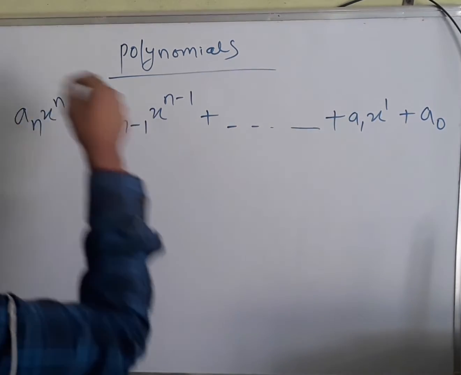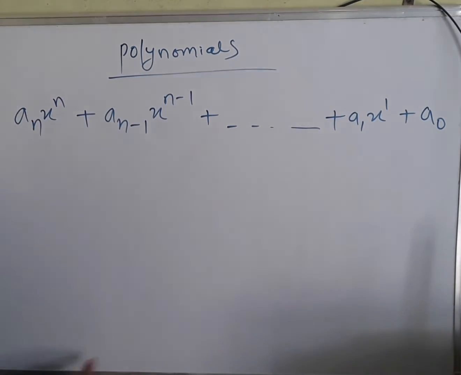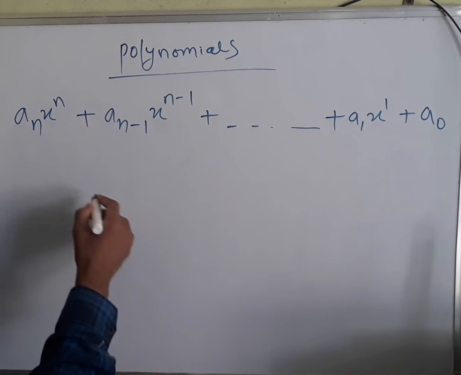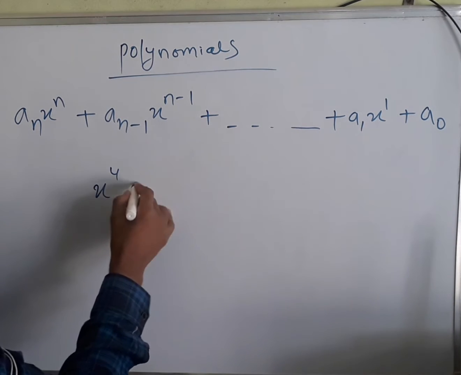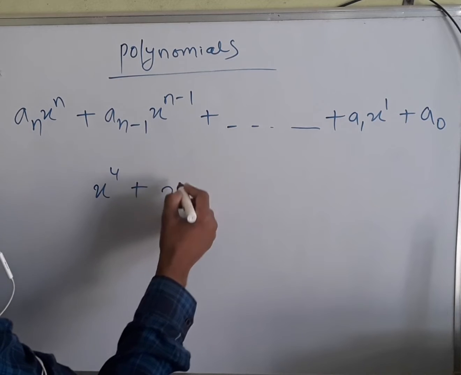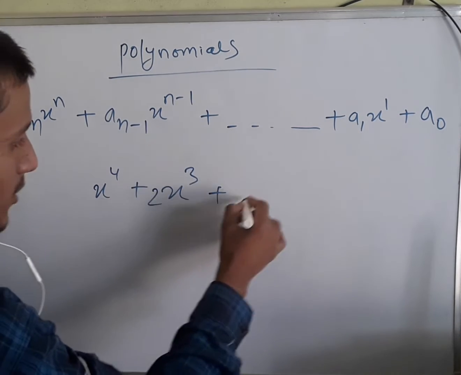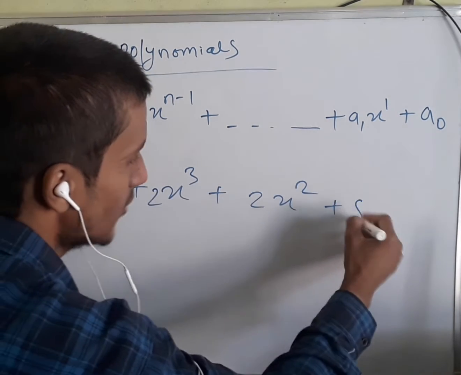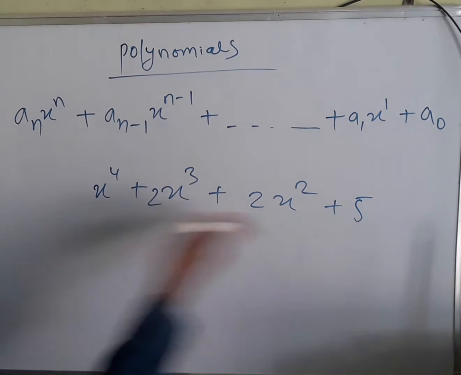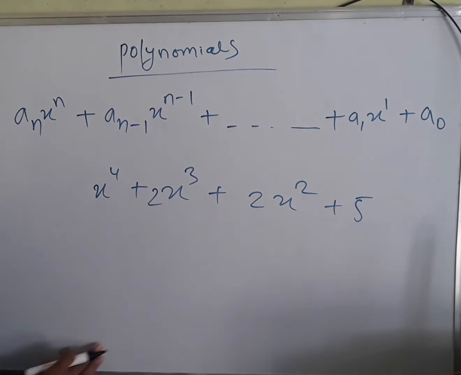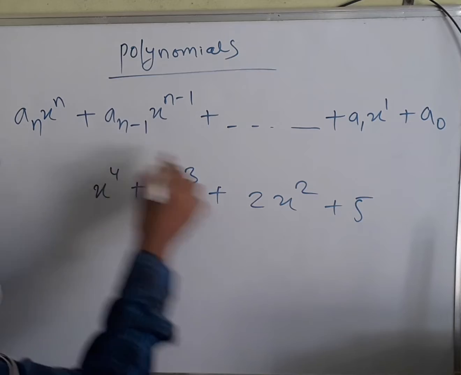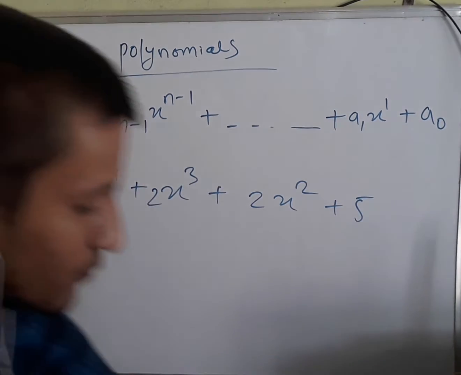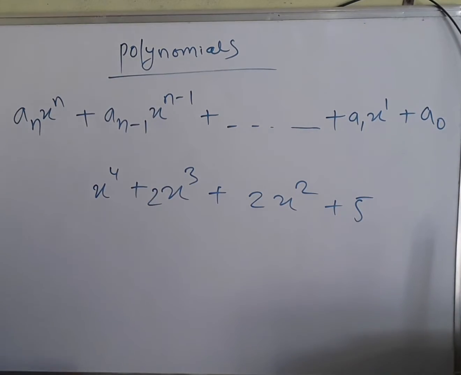You can see that the exponents are decreasing, meaning there is an order of writing polynomials, and that order is decreasing order. For example, x to the power 4 plus 2x cubed plus 2x squared plus 5. As you can see, there is a decreasing degree of monomials.